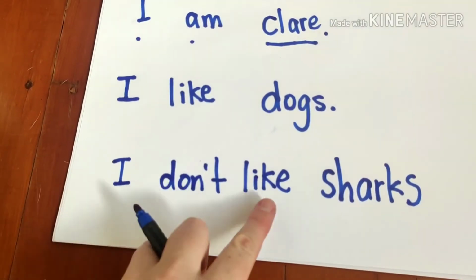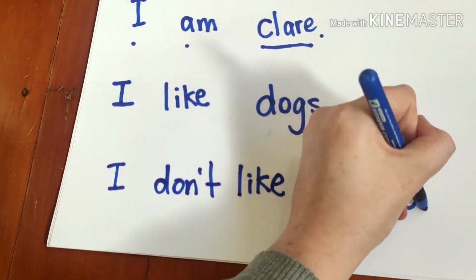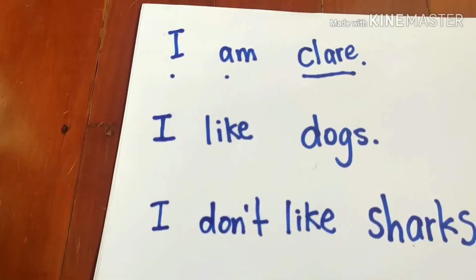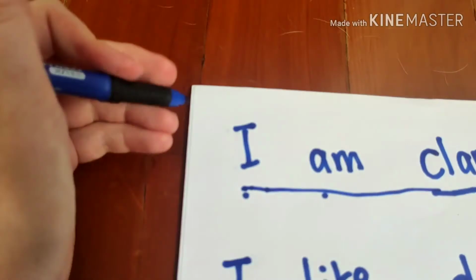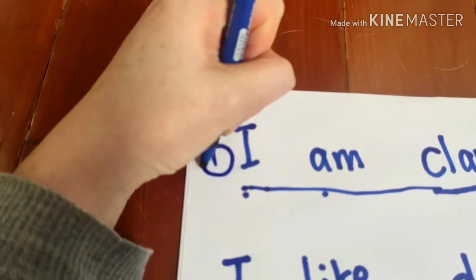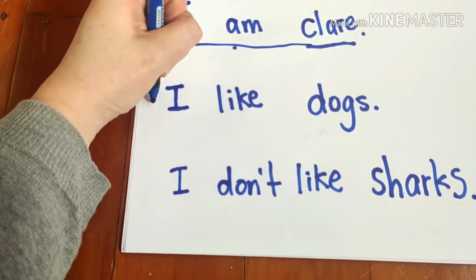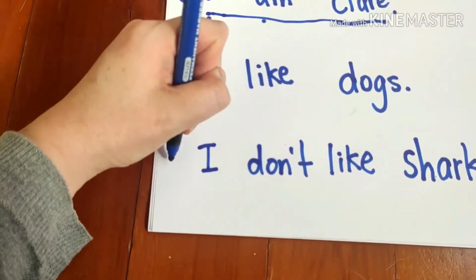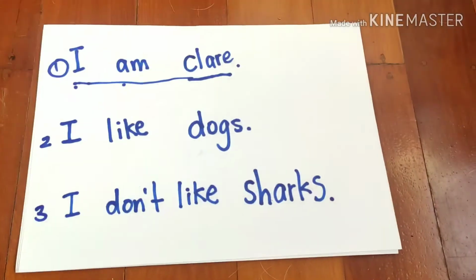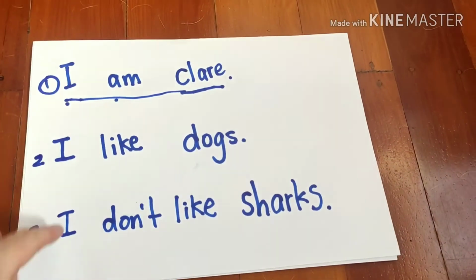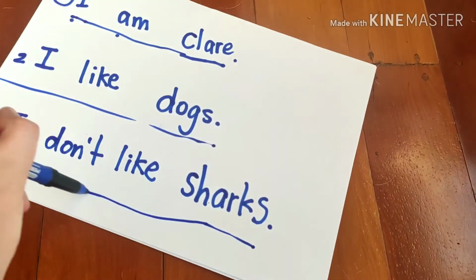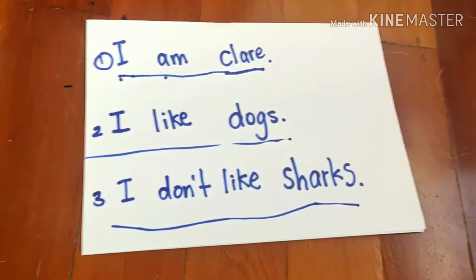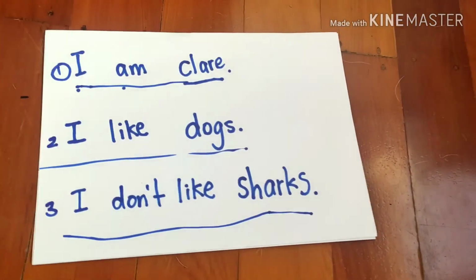I don't like sharks. This is a sentence. Now look, we've got 1, 2, 3 sentences. I just wrote 1, 2, 3 sentences. And I can put a line under them to show you where my sentences are. Cool, eh? So that's how to make a sentence.